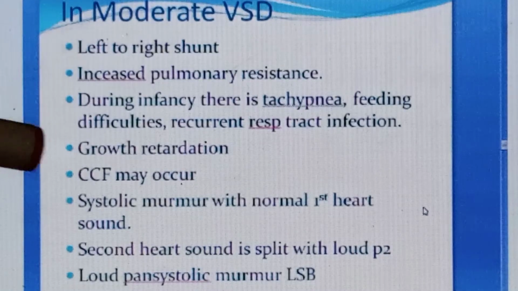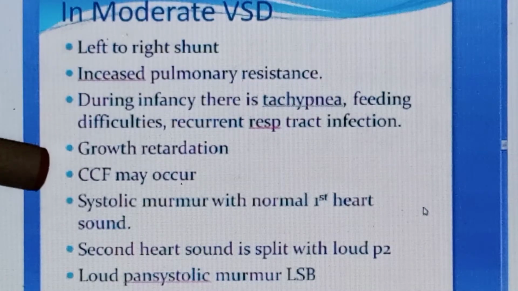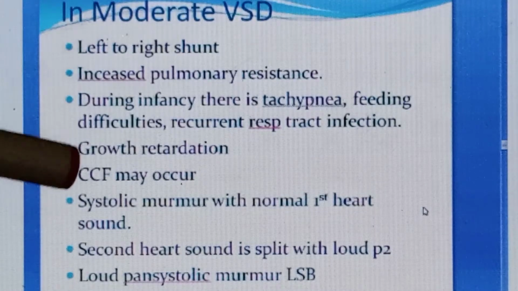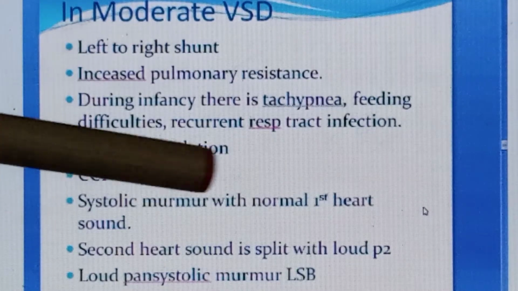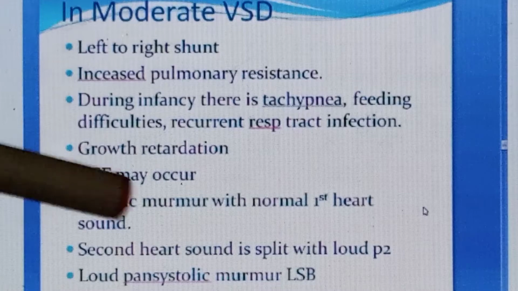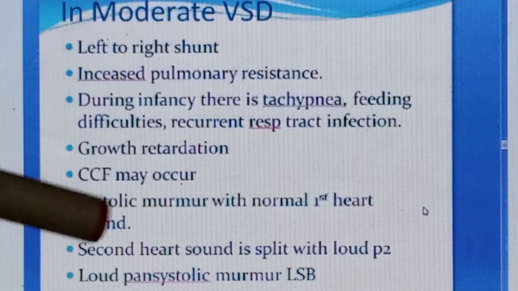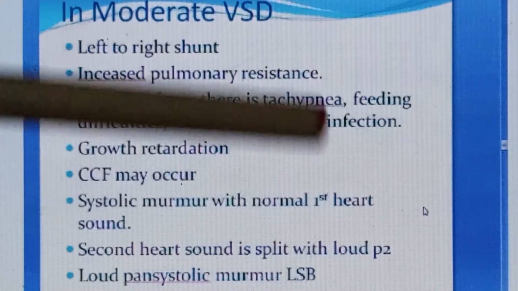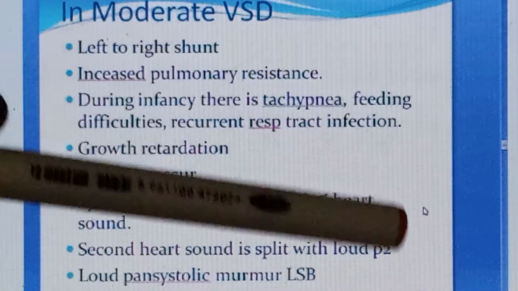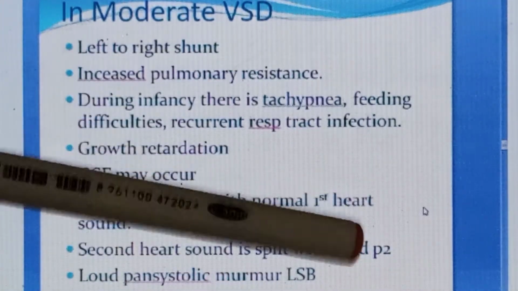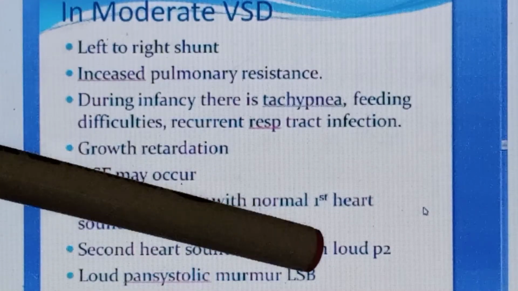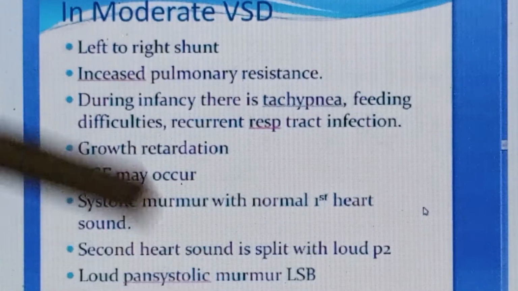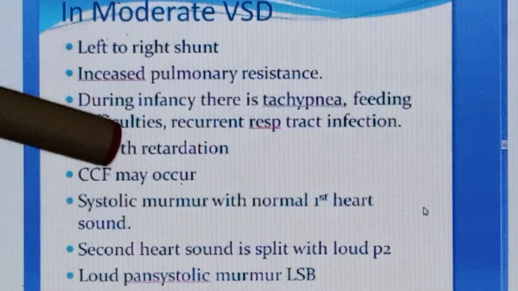And congestive cardiac failure may occur, because biventricular hypertrophy can lead to it. There is a systolic murmur with a normal first heart sound, this is the pansystolic murmur, and the second heart sound is split with a louder P2. This louder P2 is because of the pulmonary hypertension. So a loud pansystolic murmur at the left lower sternal border can be heard throughout the systole.